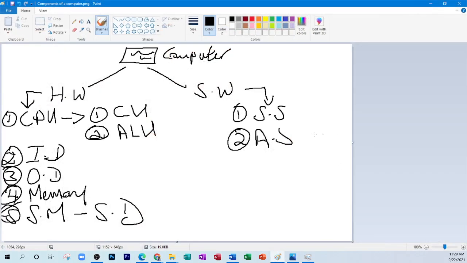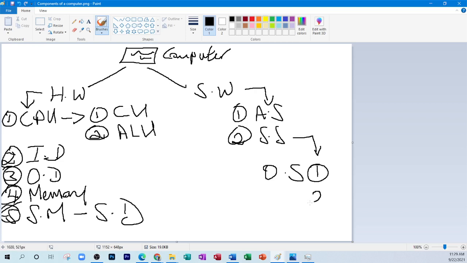So if we continue our diagram, we have application software, then system software, and system software can be branched off to the operating system and the utility software. Those two fall under system software.